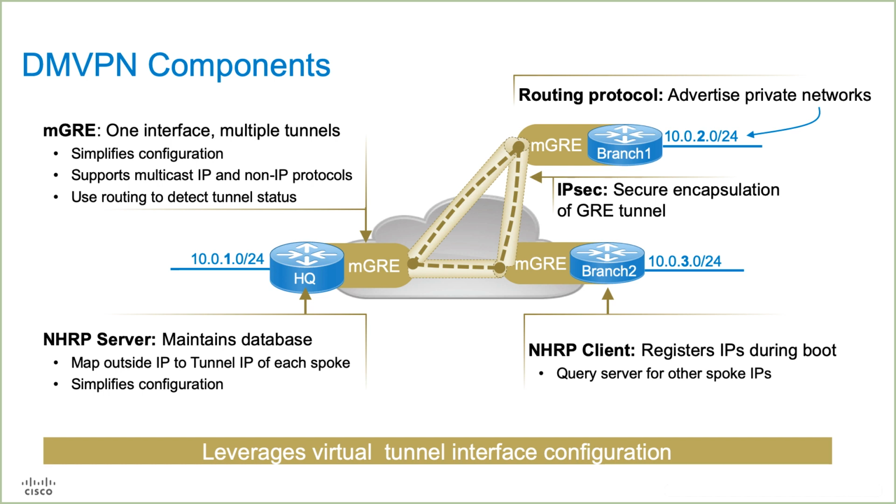And then please understand, IPsec is really good at offering security. IPsec is not good at supporting multiple different protocols. As a matter of fact, IPsec, if you remember from previous conversations, only supports IP unicast communications. So that's another example of where GRE comes into play because it supports multicast and non-IP protocols.